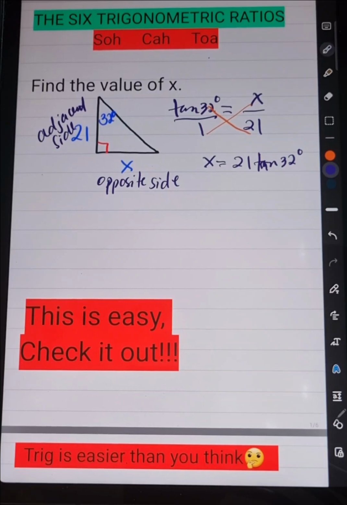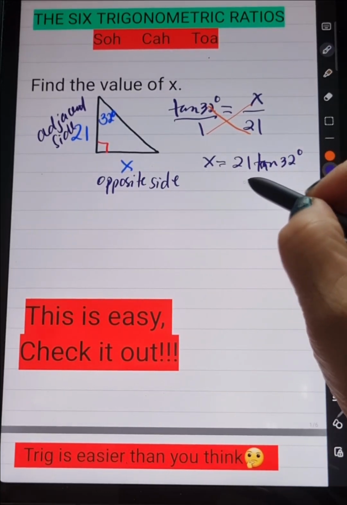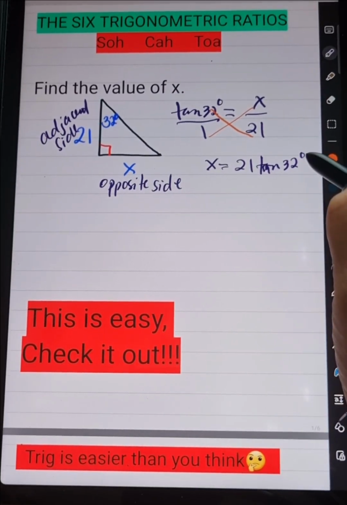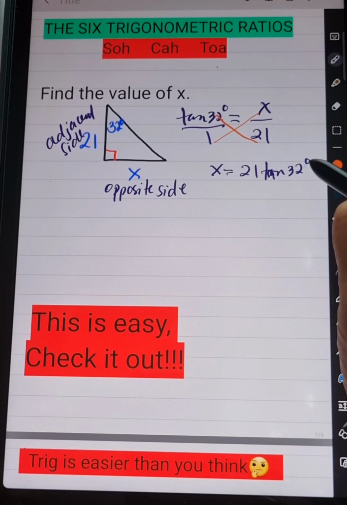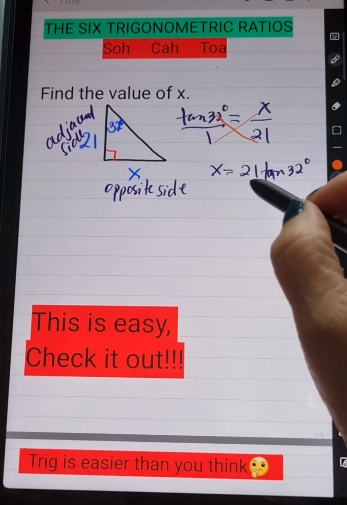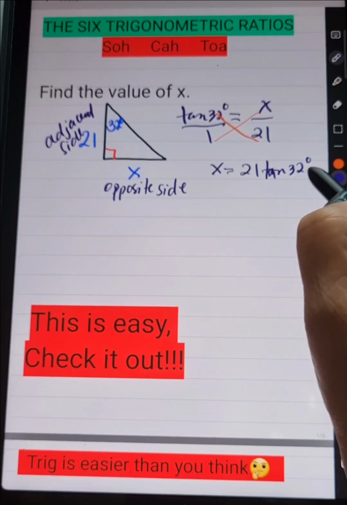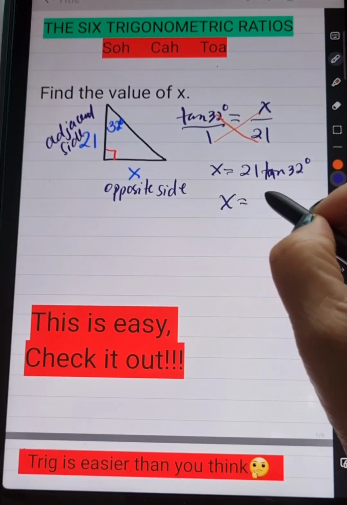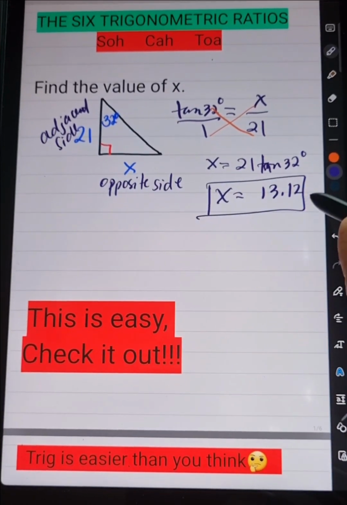Now, simply press using your calculator 21 times tangent 32 degrees. Make sure that your calculator is set in degree mode. Just press that 21 times tangent 32 degrees, and that would be equal to 13.12 up to 2 decimal places.